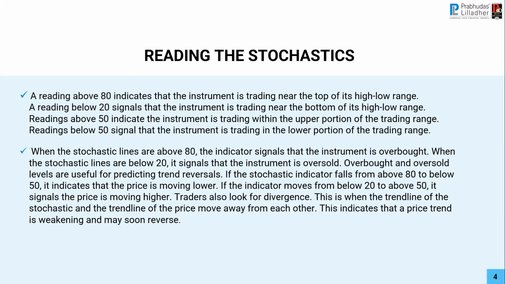There is a level 20, there is a level 80. And when the stock goes below 20, we say it is oversold. When the stock goes above 80, we say it is overbought. So this is how a trading rule can be formed. When the stock comes out of the 20, it rises above 20, you say that the stock is on the rise. Further confirmation comes when the indicator goes above 50.